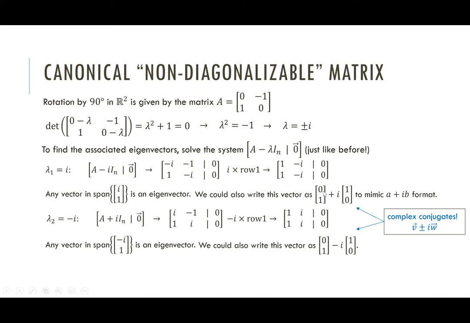So if we let (0, 1) be vector v, and (1, 0) be vector w, then this is v plus iw, and this is v minus iw. And it turns out this is not a coincidence. The complex conjugate eigenvalues actually will always correspond to complex conjugate eigenvectors. But I'm getting ahead of myself. We'll prove that in a moment.